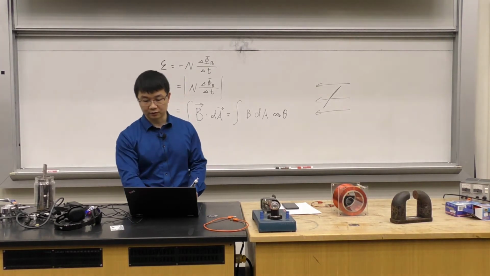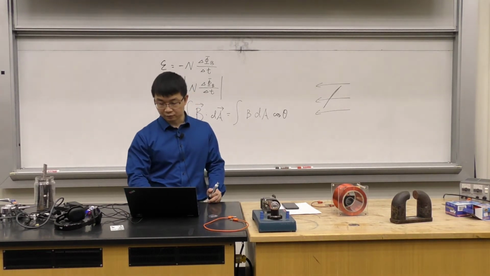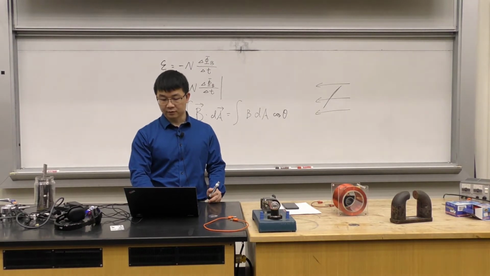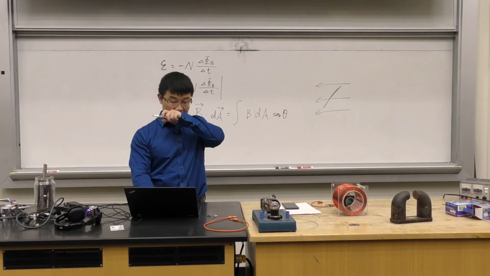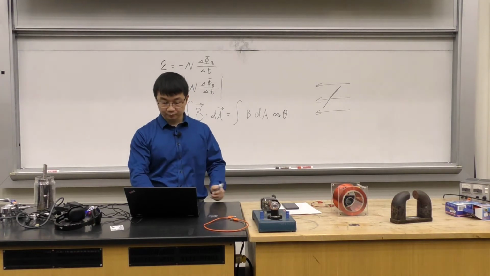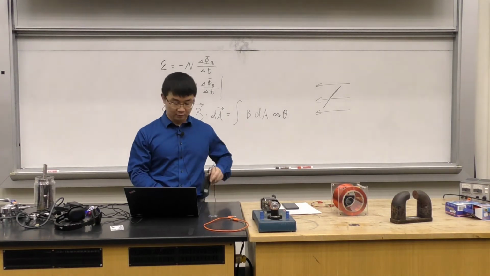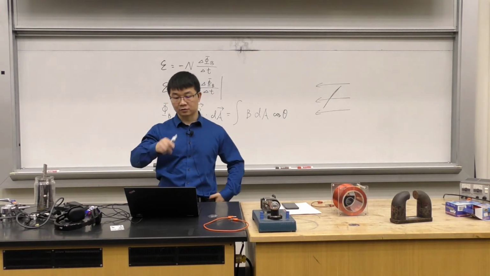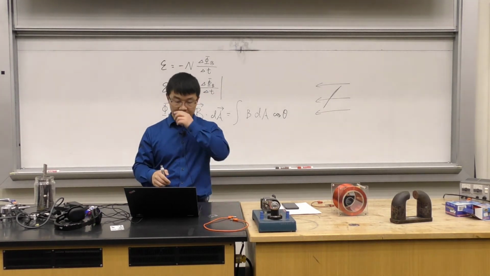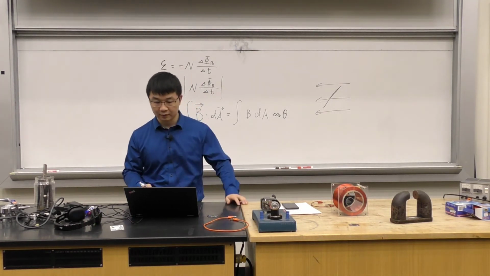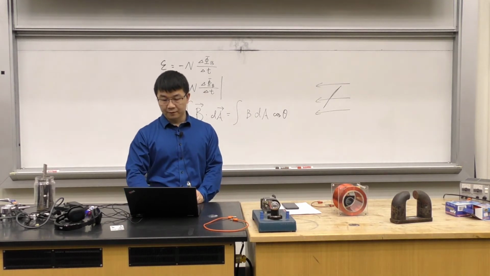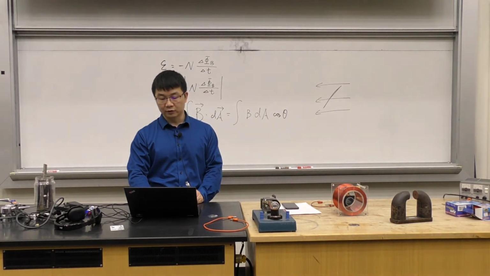So take a look at the graph on the right. This is the function of the current you get by rotating this loop in this magnetic field at a constant angular velocity. It's going to be a sine function, and this is how we generate electricity in real life.